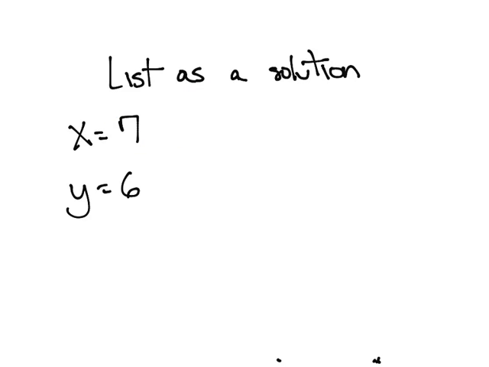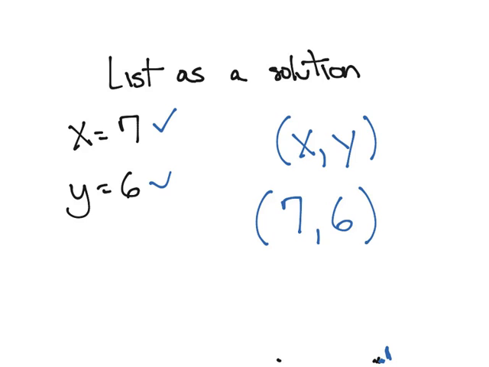Now we've found a y value. So our final step is simply to list it as a solution. We know that x is 7, and we know that y is 6. Whenever we answer a system of equations, our solution should look like an x-y coordinate pair. So in this case, our final answer is (7, 6).